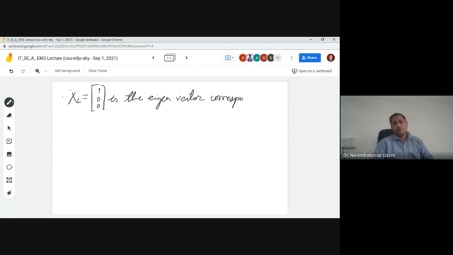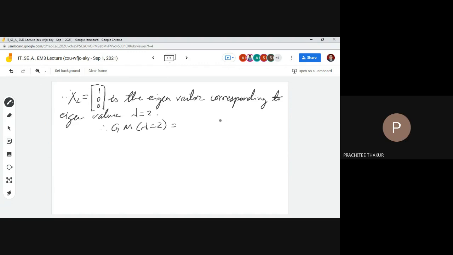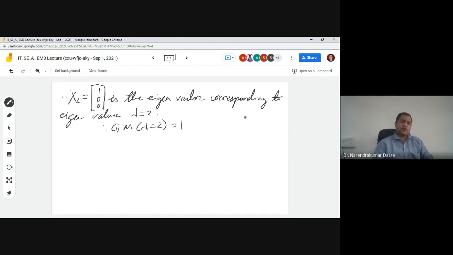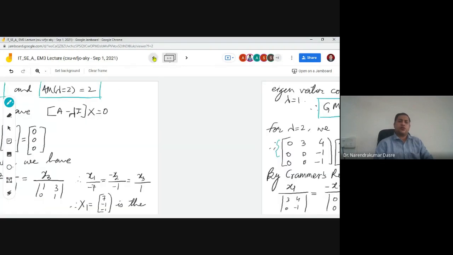corresponding to eigenvalue lambda is equal to 2. So what is the geometric multiplicity of lambda is equal to 2? It is 1, because we have only one eigenvector. Now we can see whether we get the transforming matrix or not.